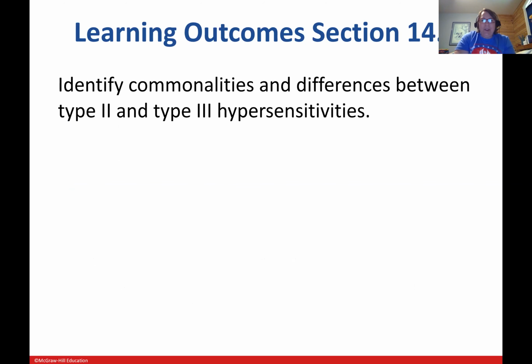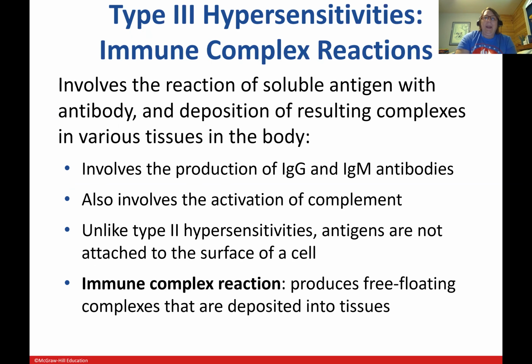Okay, the next section, we're going to be identifying the commonalities and differences between the type 2 and type 3 hypersensitivities. Okay, so this is a place where you have these immune complexes formed. So it involves the reaction of a soluble antigen. So here we're not talking about cellular antigens.